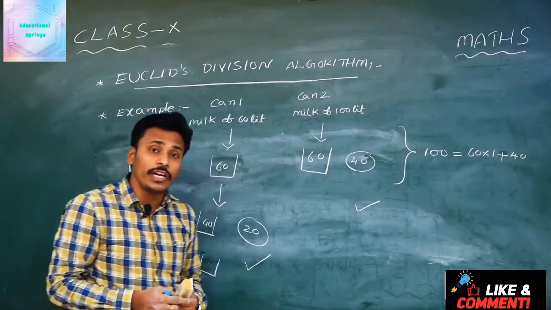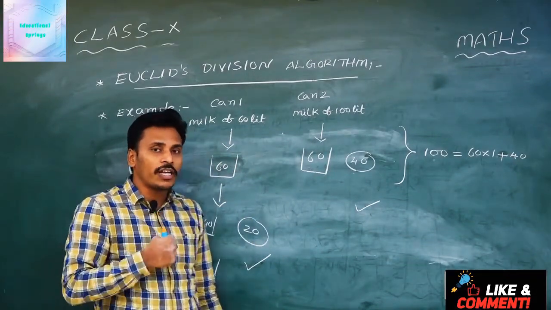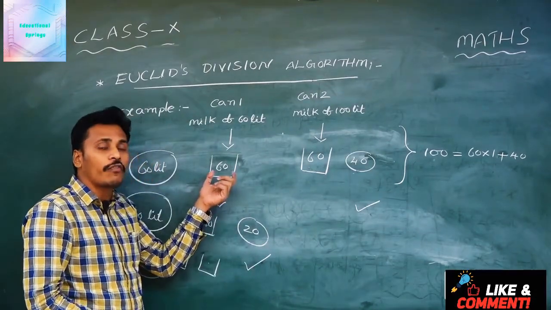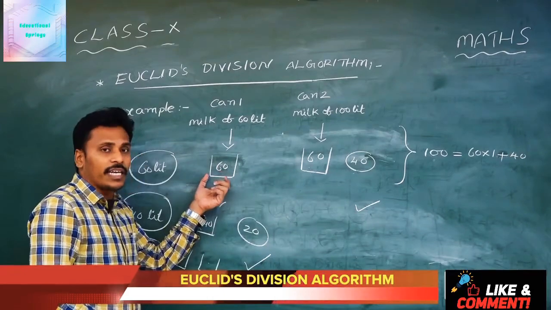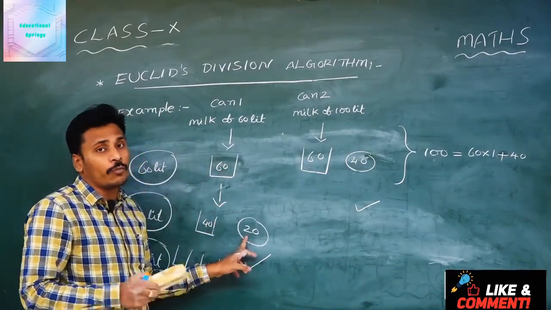And in the next case, if the capacity is 40 liters, what happens? If you try to measure the milk of the first can, in 1 turn it measures 40 liters, but we are still left with 20 liters.